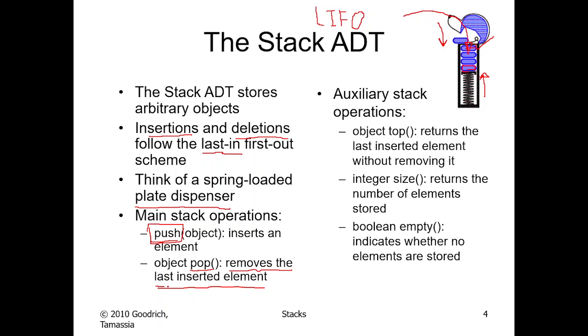The element that you inserted last is removed. So removal and insertion take place at the top of the stack. There is just one location at which the insertion or pushing of new nodes and the removal or popping of existing nodes takes place.